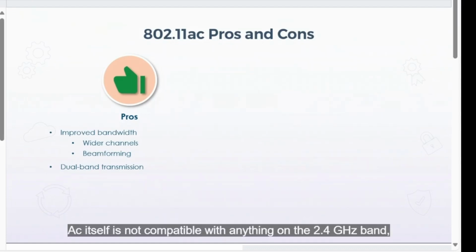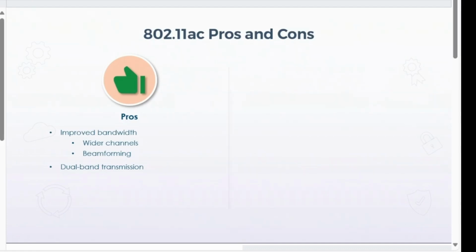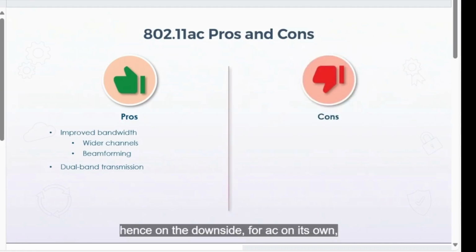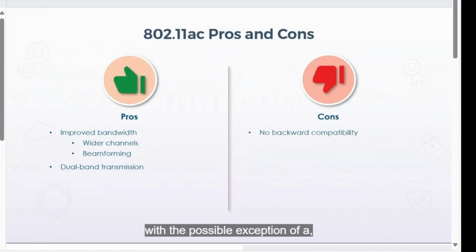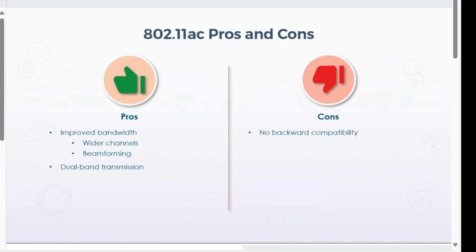AC itself is not compatible with anything on the 2.4 GHz band. Hence, on the downside, for AC on its own, it is effectively incompatible with the earlier standards, with the possible exception of A, which in practical terms is simply out of date.